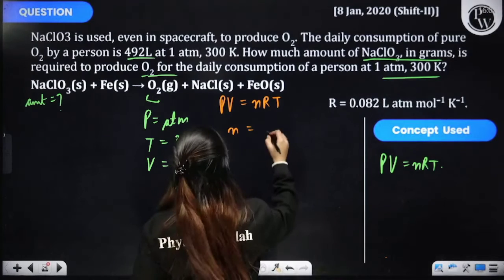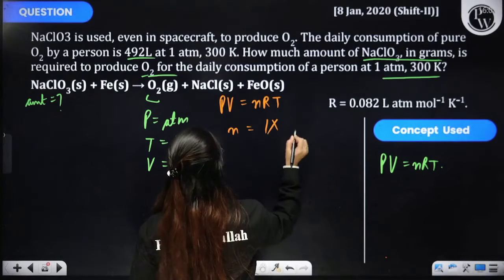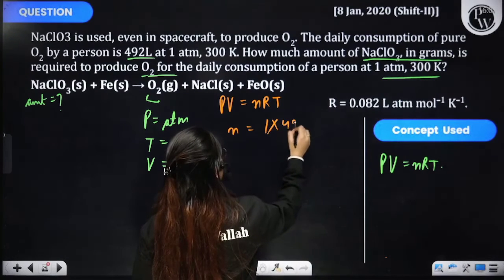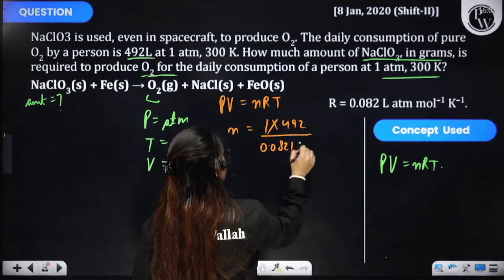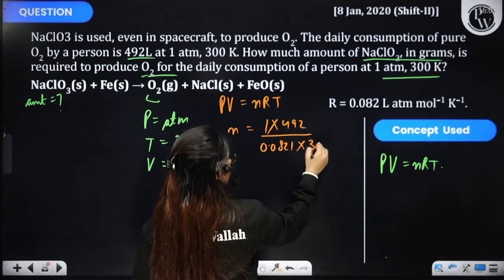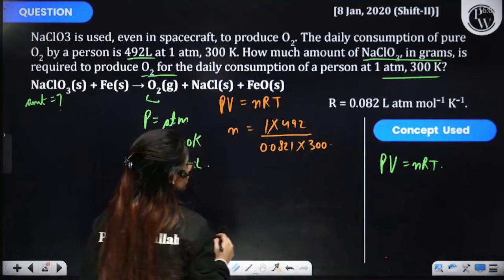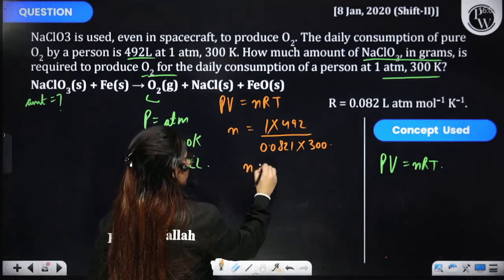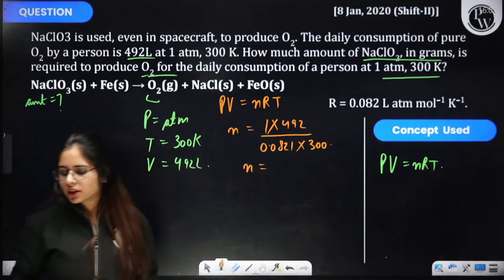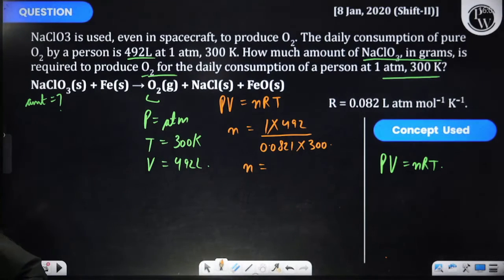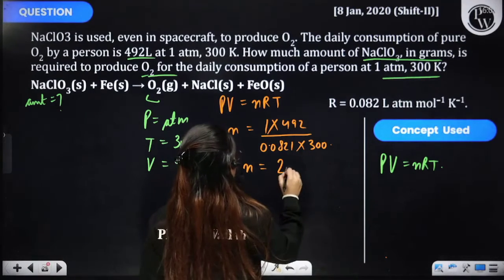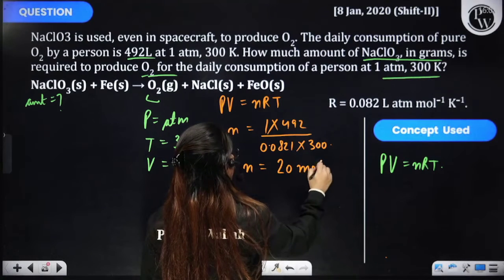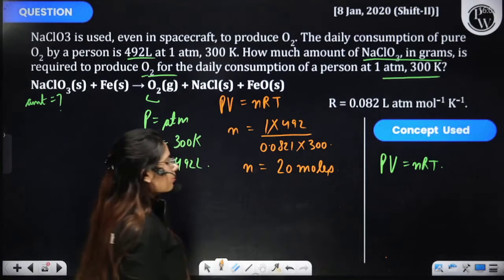Pressure is 1 atm, volume is 492, then the value of R, and temperature is 300 Kelvin, right? By this you will get the value of n as 20 moles. On calculating, the value of n will come out to be 20 moles.